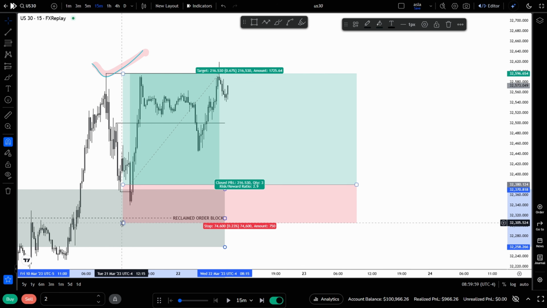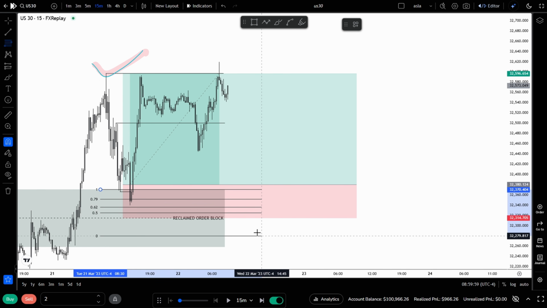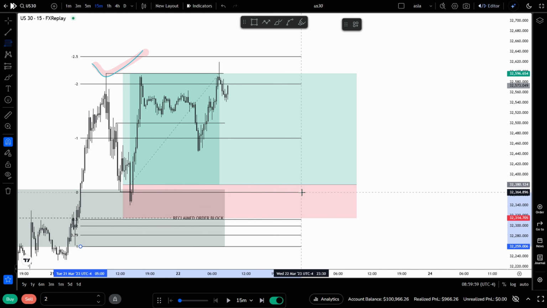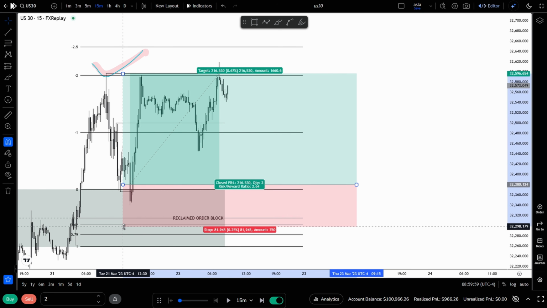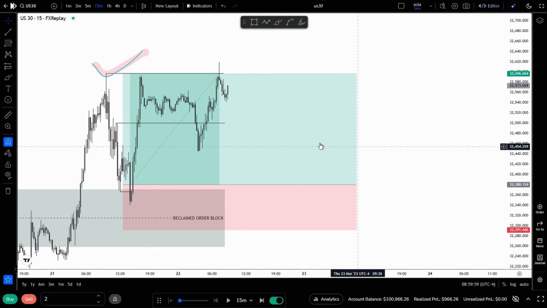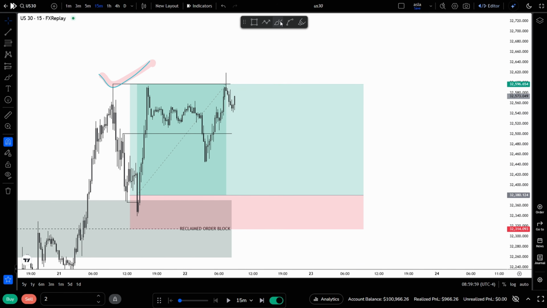Some traders also prefer placing the stop at the lower quadrant of the order block. So, to summarize the trade idea, the stop loss can be placed around the midpoint or lower portion of the reclaimed order block, partials can be taken at the equal highs, and the main target can be the swing high where liquidity is resting. And that's the complete structure of the trade.